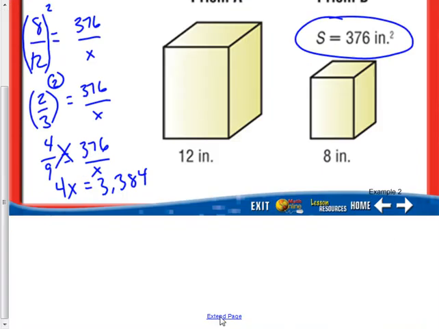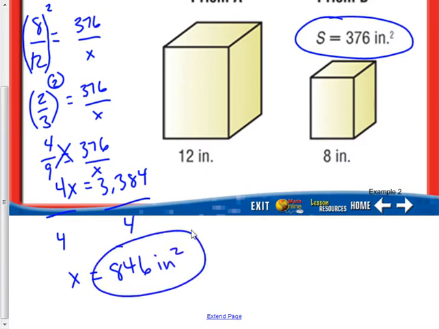And now we'll divide both sides by 4 to get x is equal to 846 inches squared, because again we are solving for surface area of prism A, and it is bigger than prism B, so 846 does make sense for us there.